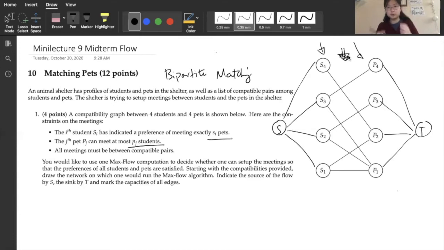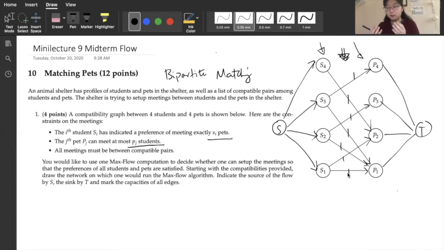First of all, we should know that as with bipartite matching, all of these arrows should be going to the right. Another thing to note is that all of the weights on this middle section should be 1. What does this indicate? It indicates that every time I have a flow, it means I have a pair of student and pet matched to each other. They're meeting.